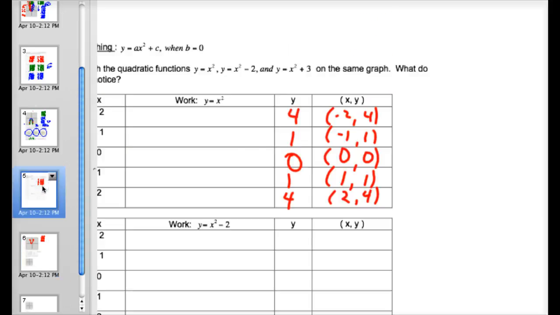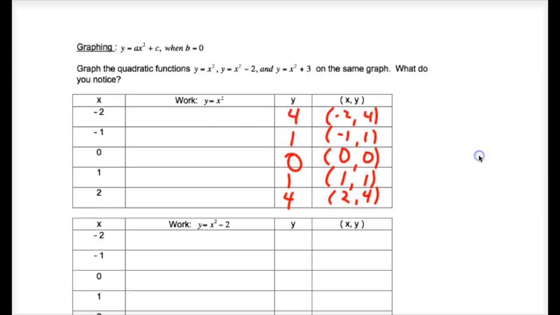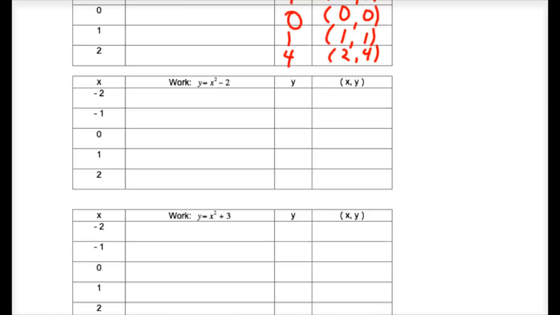Now, what happens when there's a C? A C of negative 2. Watch what happens. You have to show your work. Y equals negative 2 squared minus 2. Negative 4. How much is that, guys? Negative 2, 2.